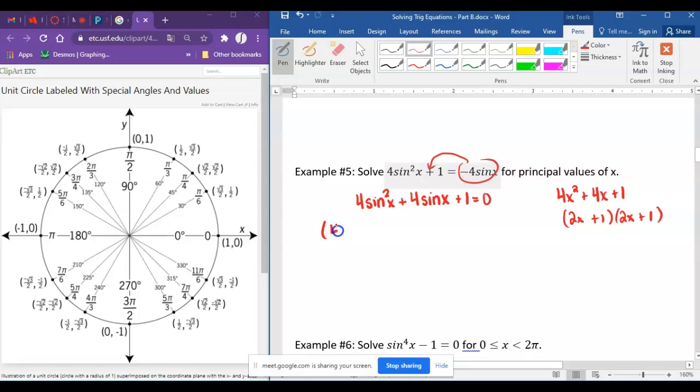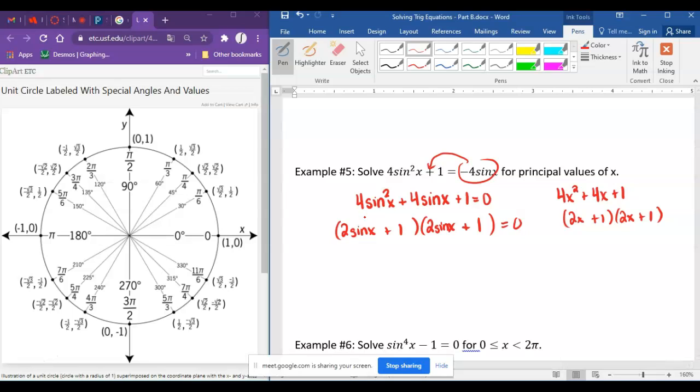So we're factoring. In this case, we cannot do a greatest common factor like we did on the other. So we'll do 2 sine x and 2 sine x, and then we can do a plus 1 and a plus 1 here. And that factors; if we multiply it back, we'll get 4 sine squared x plus 4 sine x plus 1.